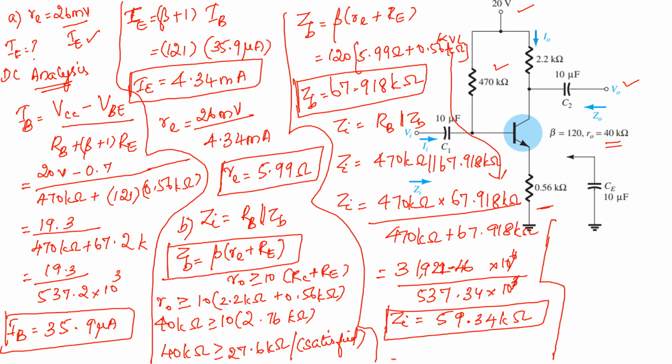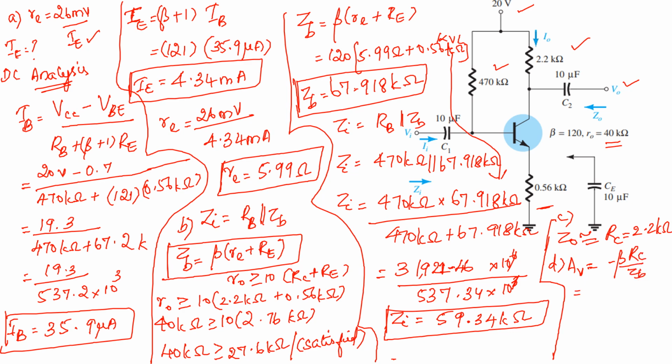Now what will be your Z naught? You know that from the C part, Z naught will be approximately equal to RC. RC is equal to 2.2 kilo ohm. Finally, in the D part, you have to find out your voltage gain. You know that including R naught, the voltage gain is given by the equation minus beta RC divided by ZB.